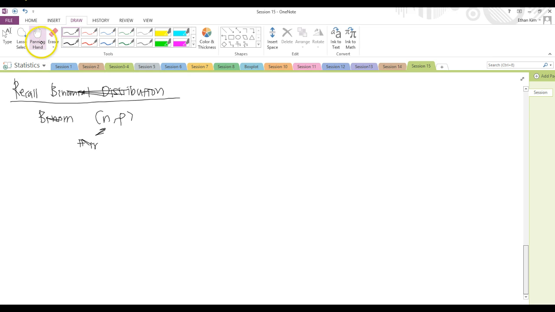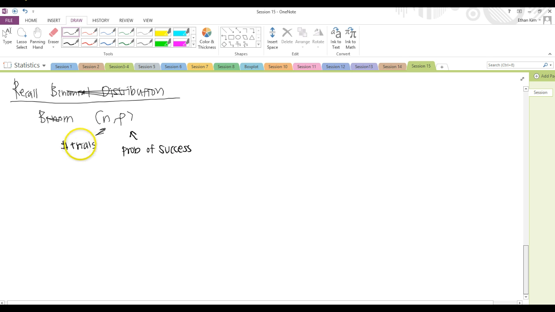N represents the number of trials, whereas p represents probability of success.